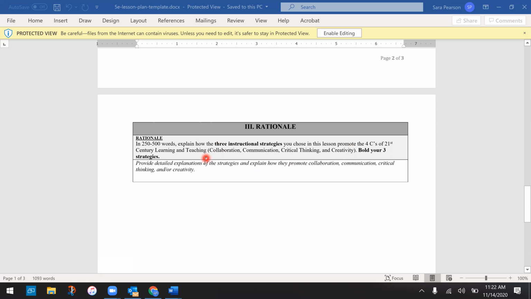So, for example, I had students work on problem solving, and that supported collaboration and critical thinking and creativity because students were able to come up with their own solution strategies. They worked with a partner and they really had to think critically about that problem. And I didn't give them any direction on how to solve that problem before they actually had to jump in and solve it. So explain how it supports the 4 C's here.